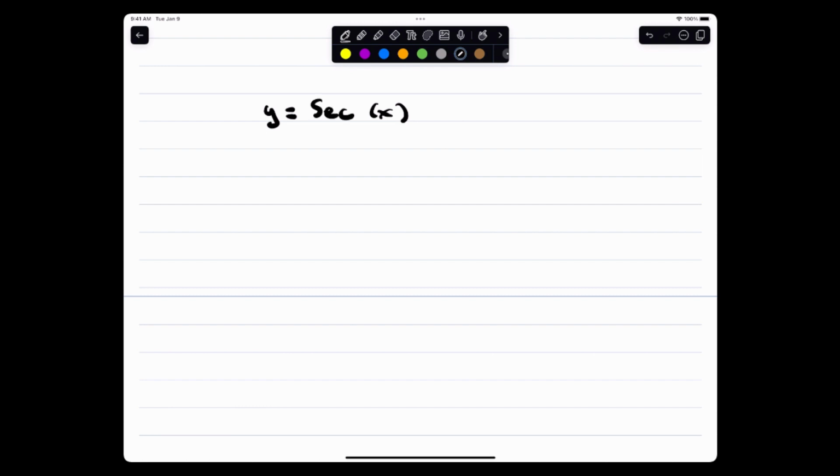Okay? So I want to note something here. What's the relationship here between secant and cosine? Do you guys know what I'm talking about?